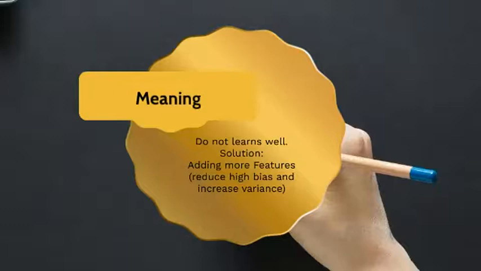So the simple meaning is that you're adding more and more features to your data so that it learns well with good examples and can really enhance its learning, because bias introduces limitations in your learning. So the result is that this reduces the high bias and increases the variance.